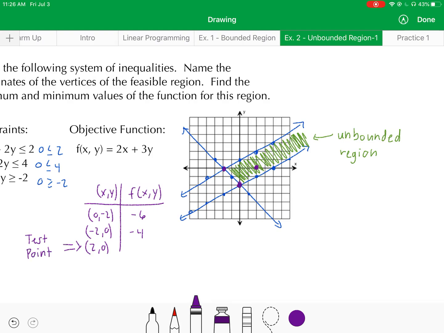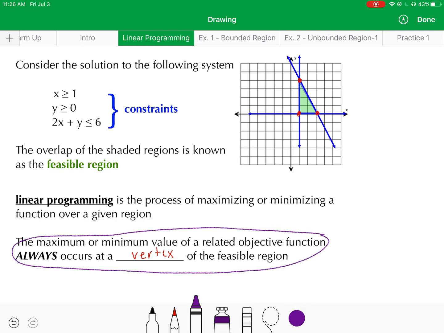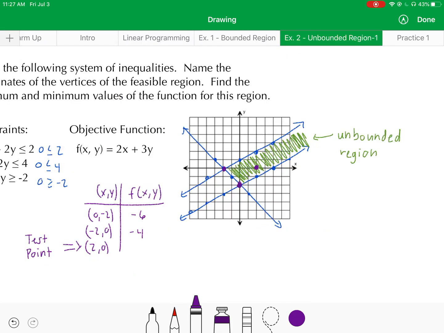Okay. And we're going off the idea, if we go back a couple slides, that the max or min value of your objective function should always occur at a vertex of the feasible region, right? So this test point of 2, 0 is not a vertex. When I plug it in, I'm going to see if the corresponding z value is larger than both of the z's of the vertices or smaller than both of them.